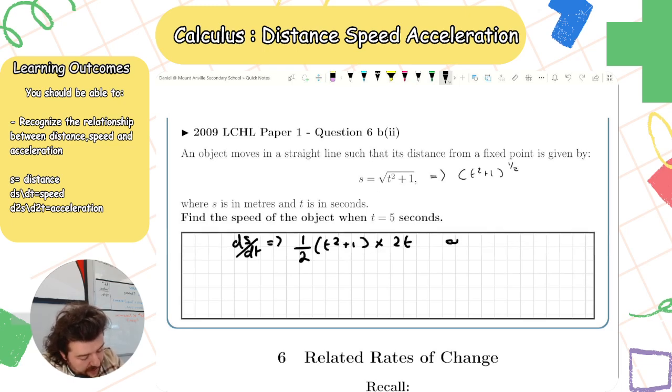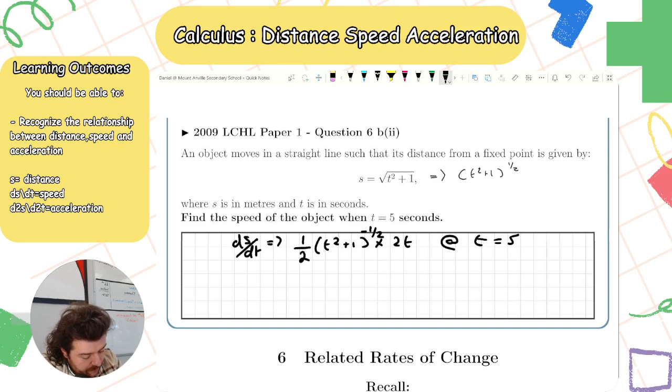And we're finding that out at t is equal to 5. Bring the half down in front, minus a half on top. I do apologize. So 1 minus a half is minus a half.